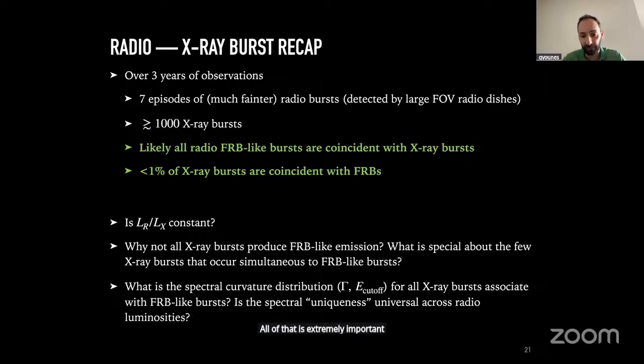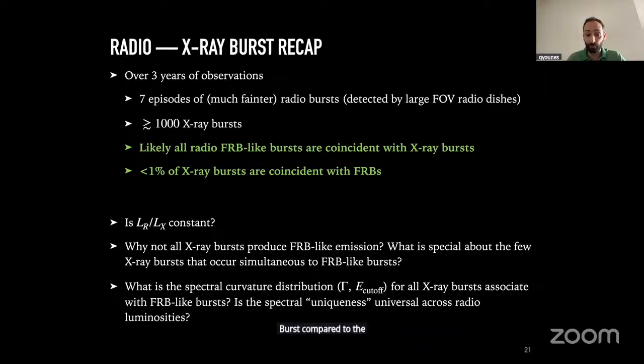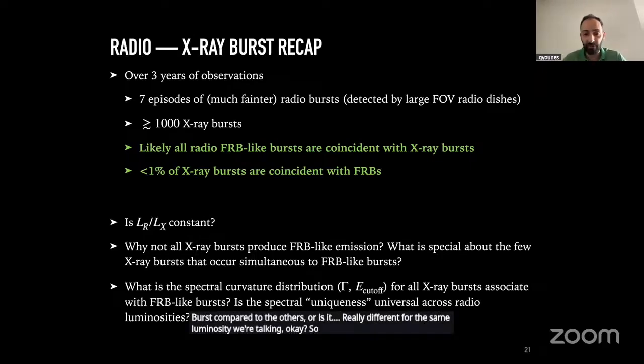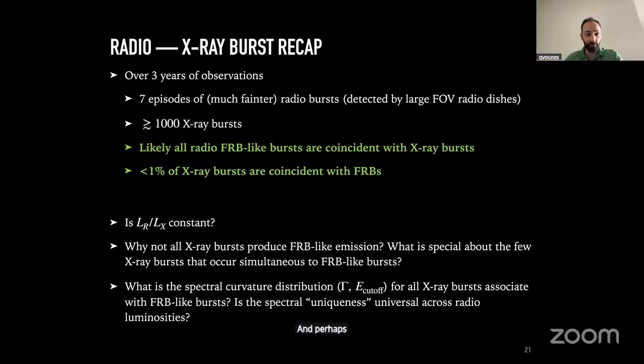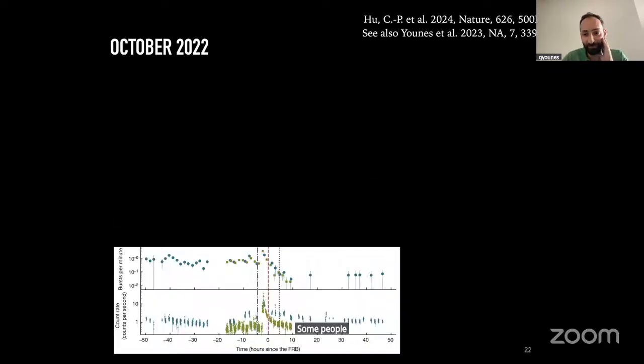For the same X-ray luminosity, do you see the same curvature in the FRB associated burst compared to the others, or is it really different for the same luminosity? So all of that will give you very excellent ideas for what's going on. But indeed, you need to contact people. So you've got to be social, and perhaps coming from a neutral country, so maybe Canada or Luxembourg or whatever. But some people can do this.